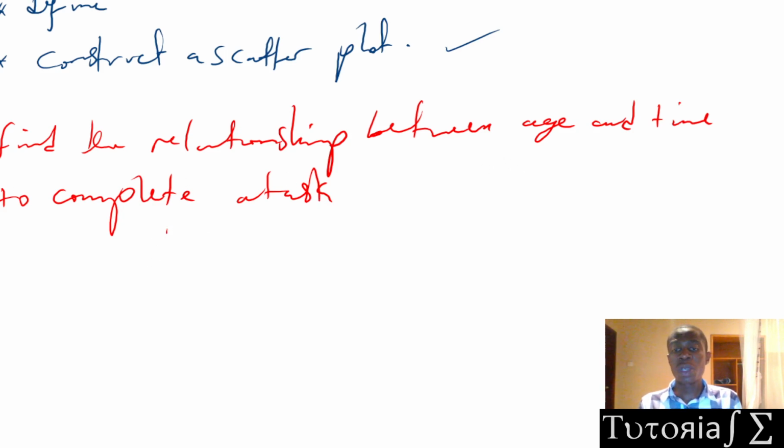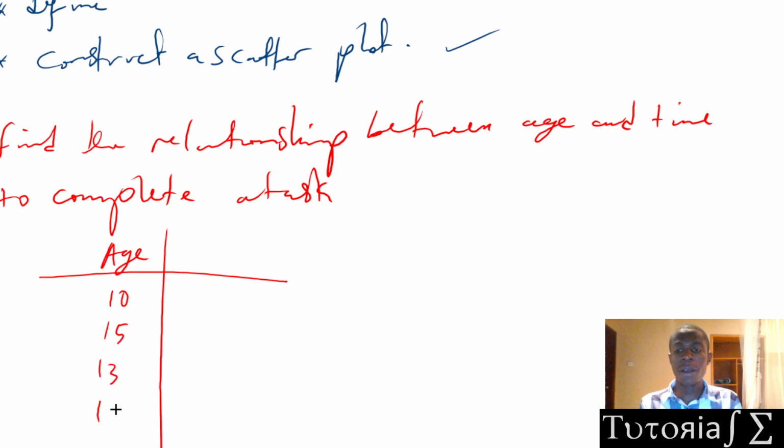Now, for this, we'll need individuals' ages, maybe those that are 10 years, 15, 13, 16. Then we subject them to the same task and see the time they take to finish that task. Maybe an individual that is 10, it takes them maybe 2 seconds.